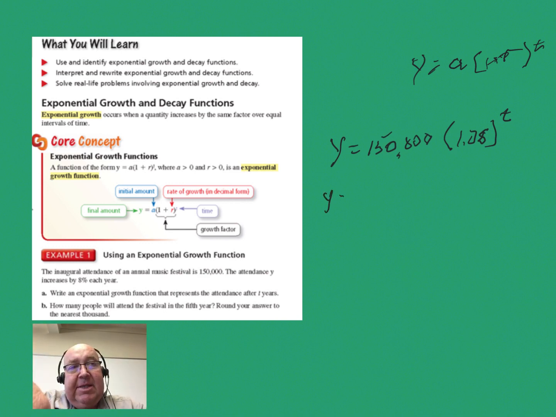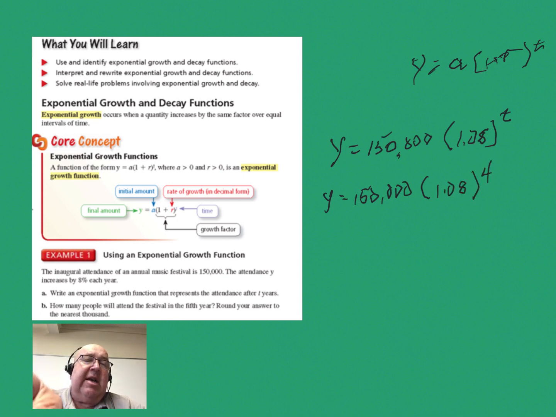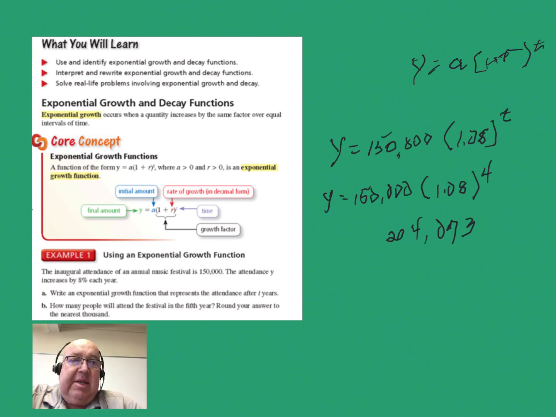So I get y is equal to 150,000 times 1.08 to the 4th power. Again, we use a calculator for this, and we come up with about 204,073 people. And that's just easy mathematical work.